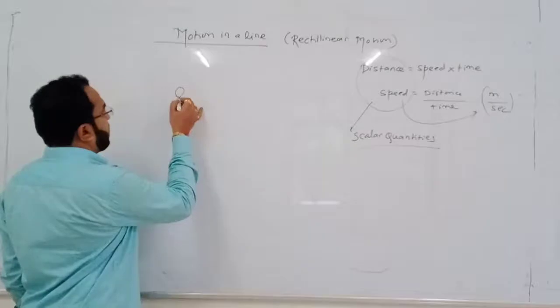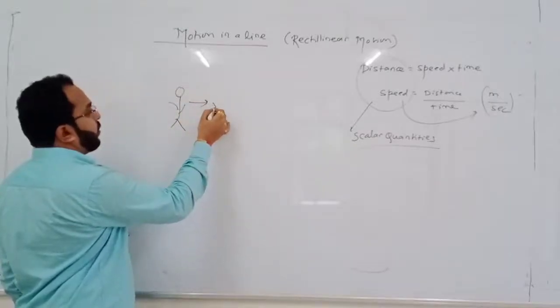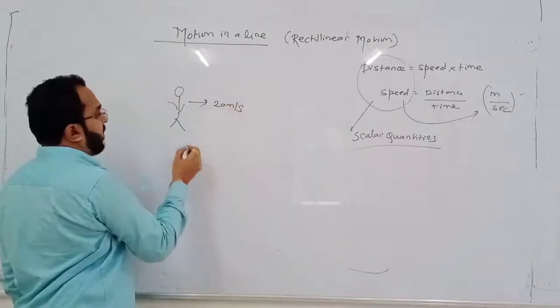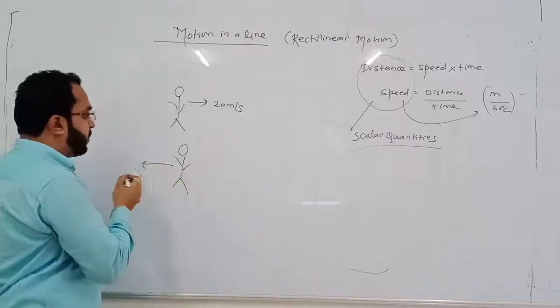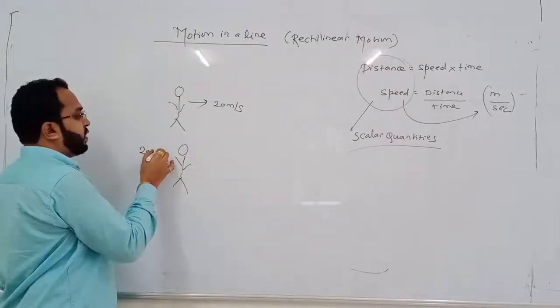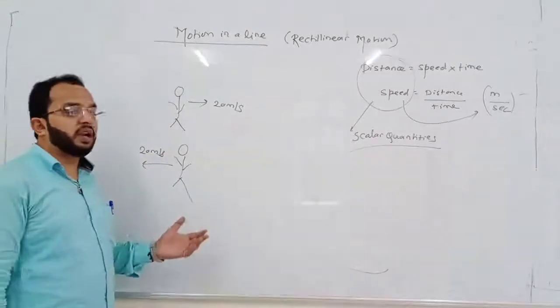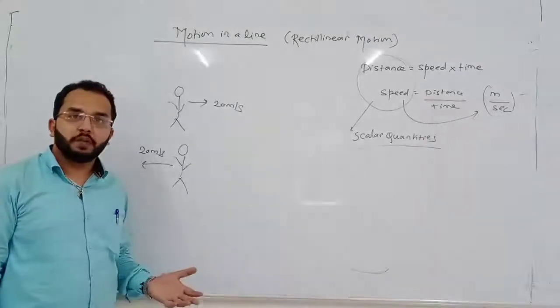Suppose this person is running here with speed 20 meter per second, another with the same speed running in the opposite direction, then this speed is also 20 meter per second. So in scalar quantities, the sign will not be negative. The sign will always be positive.